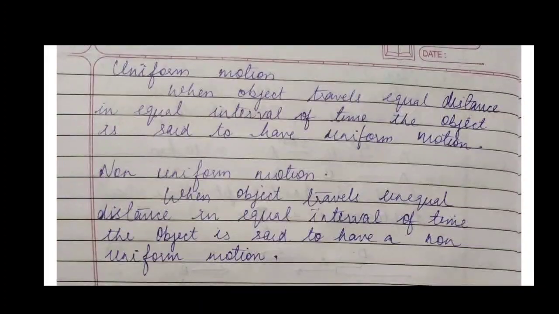Now from position B to C, again 10 kilometers in 20 minutes, means it has traveled equal distance and the time taken to travel that distance is also the same, that is 20 minutes, 20 minutes and 20 minutes. So we can say that the train is moving in a uniform motion.